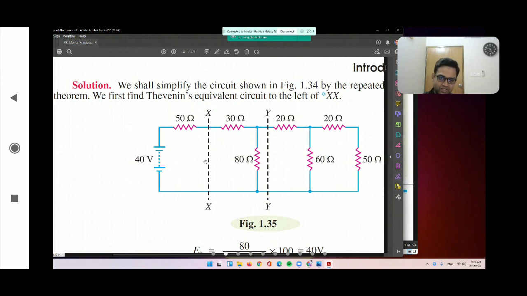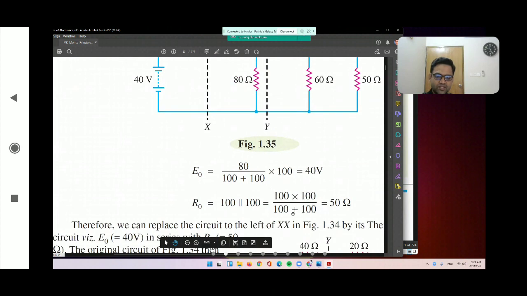After doing the X part, we use another part, which is called Y. On the right side of the Y, we will consider RL. On the left side of the Y, we consider our conventional method. So we remove the RL, all these 3 on the right side of the Y, and find the E0 and R0 again.